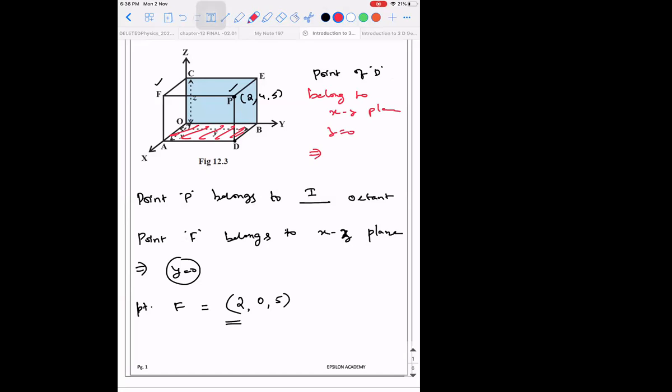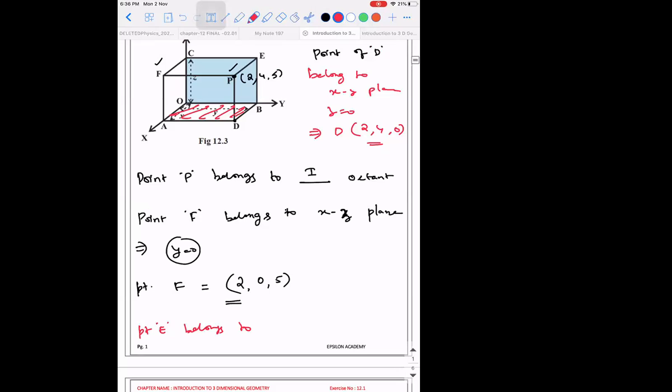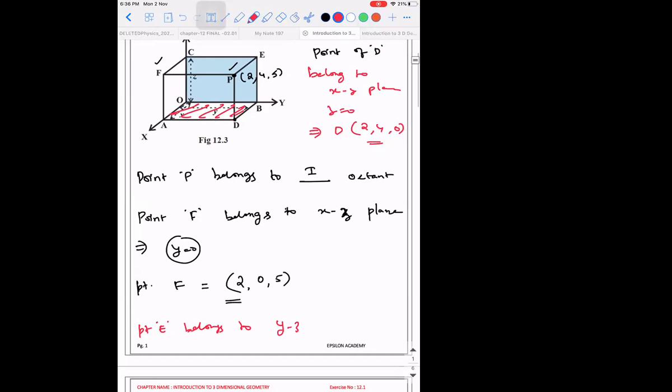Z is equal to 0, which implies coordinates of D are 2 comma 4 comma 0. Don't forget the 0. Am I clear, guys? Similarly, point E. Point E belongs to which plane? YZ plane. So coordinates will be 0 comma 4 comma 5. That's it.